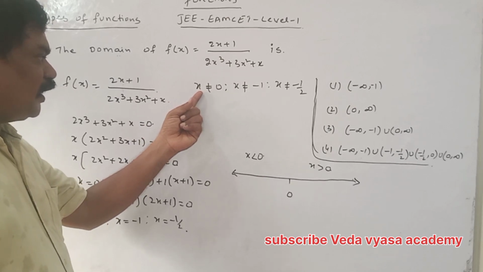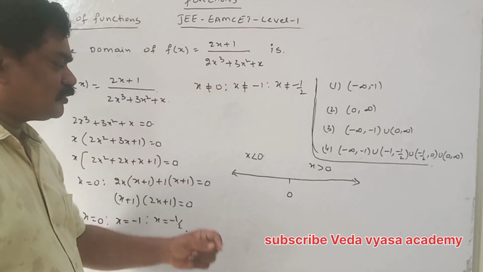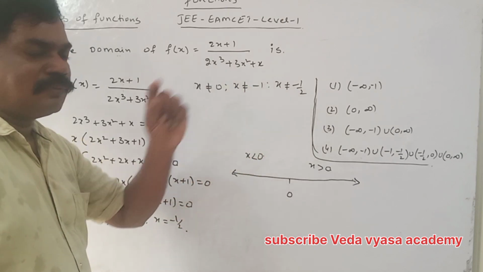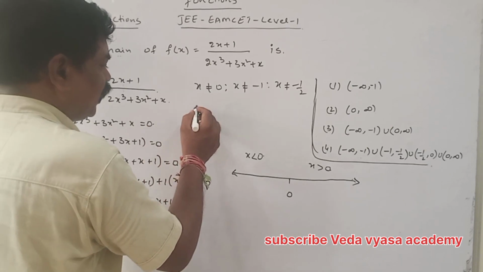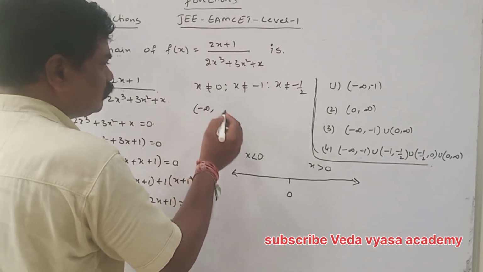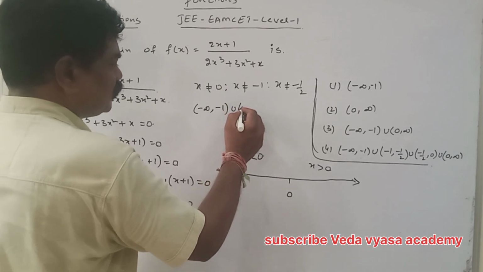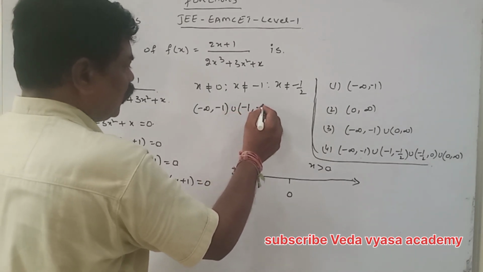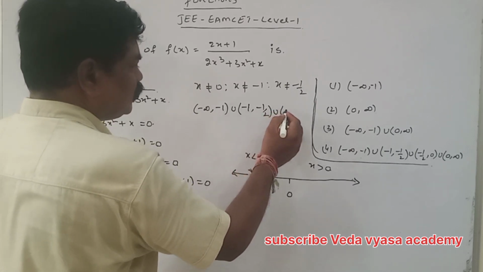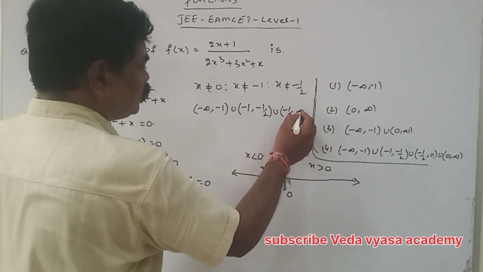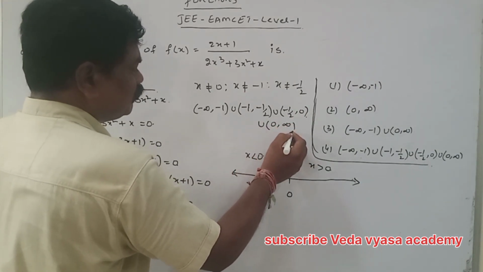So the domain is minus infinity to minus 1 union minus 1 to minus 1 by 2 union minus 1 by 2 to 0 union 0 to infinity.